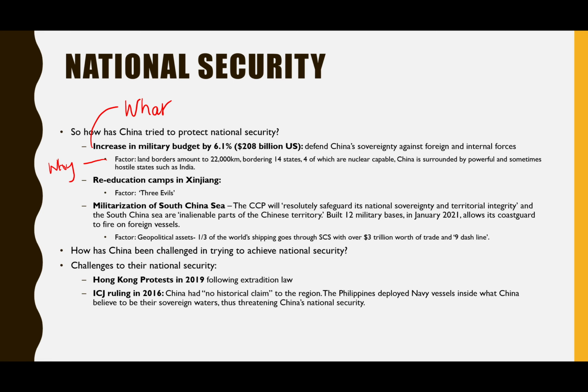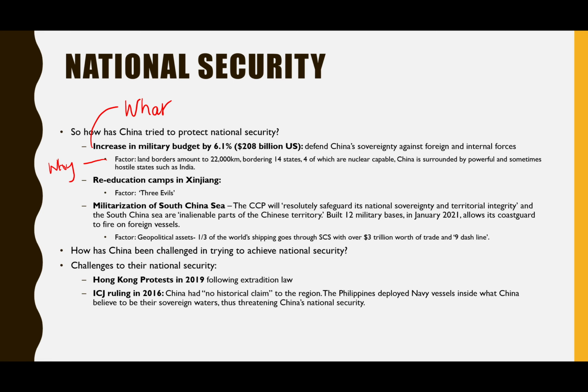In Xinjiang, there is a large population of Muslim Uyghurs. The Chinese government has argued that these people are extremists and has blamed many of the terrorist attacks in this area on them.